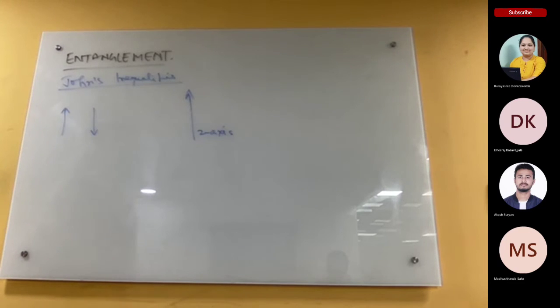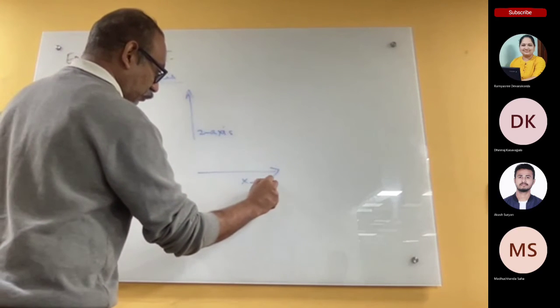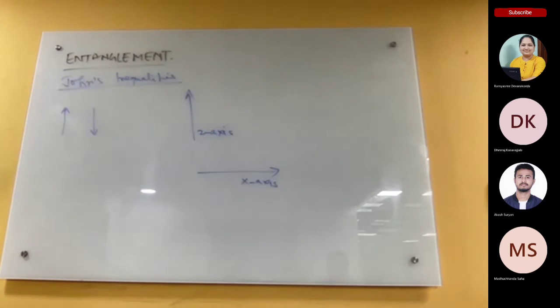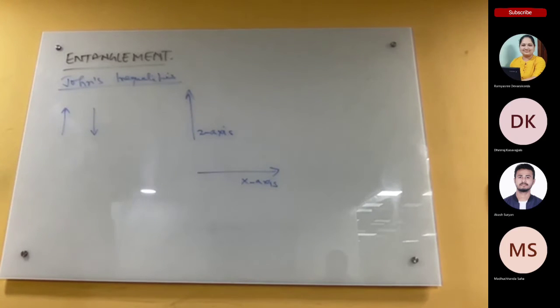Now, if you measure it in the x-axis, now the spin is like this, and you are measuring it horizontally. If you measure it horizontally also, you will get some 50% chance. 50% it will come up and 50% it will come down.